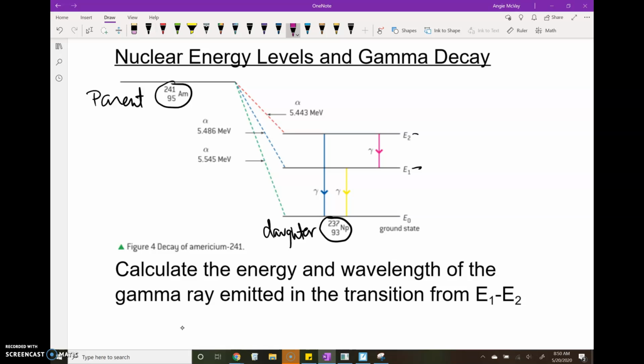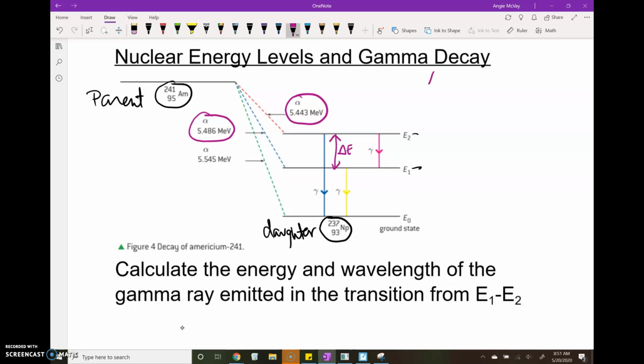So instead of knowing the absolute energy at either of these levels, we're going to take the energy that an alpha particle has when it decays to energy level 2, and the energy an alpha particle has when it decays to energy level 1. And even if we don't know how much energy there is at these levels, we know that the difference between these two levels is the difference in the energies of the alpha particles that are emitted.